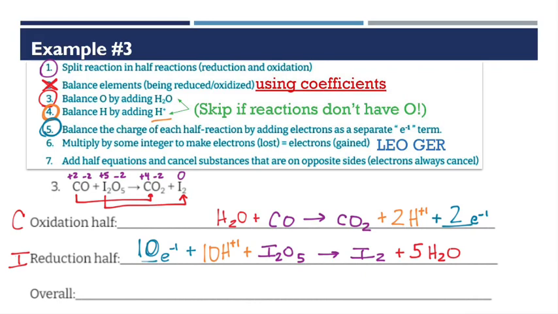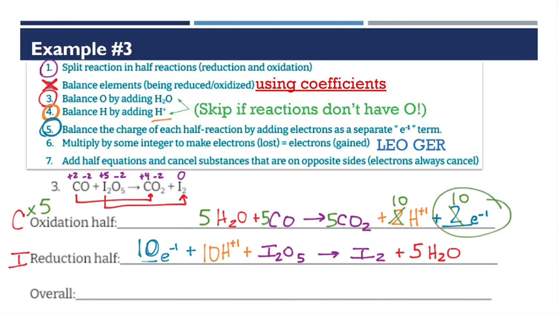And exactly like before, if our electrons aren't equal, which they definitely aren't, we need to make them equal. And the easiest way to make 10 and 2 equal is to turn that 2 into 10. So we're going to be multiplying this whole reaction and every substance in it by 5, which means we're going to have 10 H pluses and 10 electrons here.